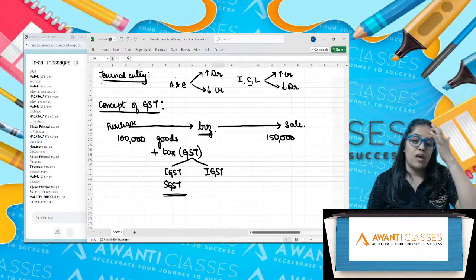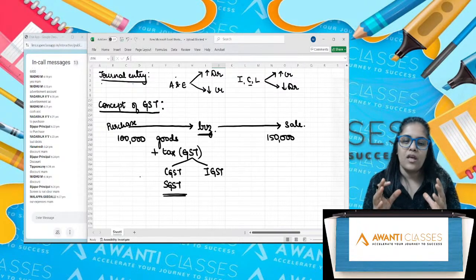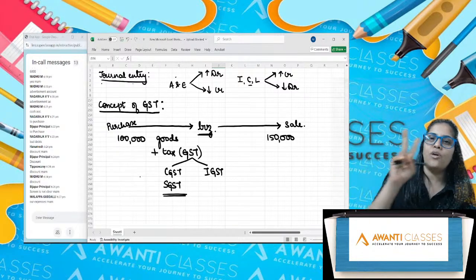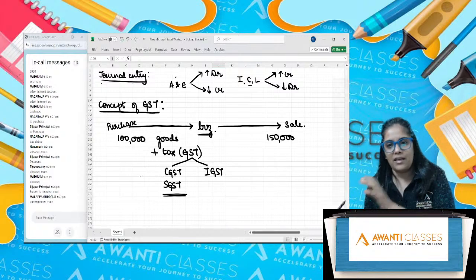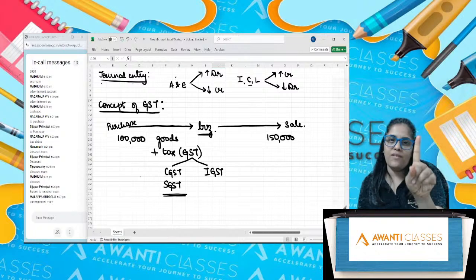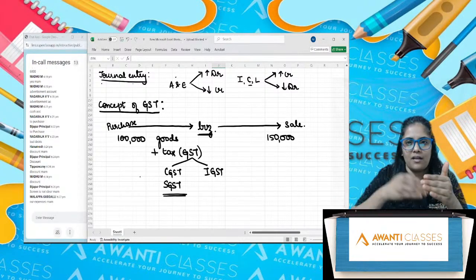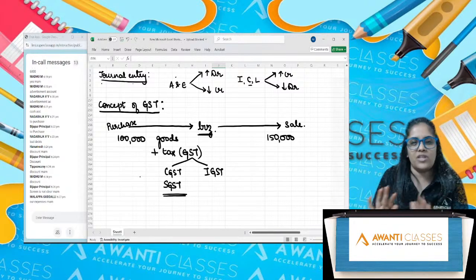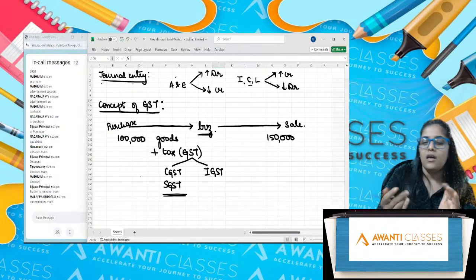Okay, pay attention. Let's say we are living in Kerala state. If you purchase from some supplier within Kerala, then you have to pay two types of tax, CGST and SGST. But though you live in Kerala, if you are purchasing from Rajasthan, then you have to pay only one tax, IGST. Similarly, let's say we are living in Karnataka. Wherever you purchase from within Karnataka, whichever district, you have to pay two taxes, CGST and SGST.